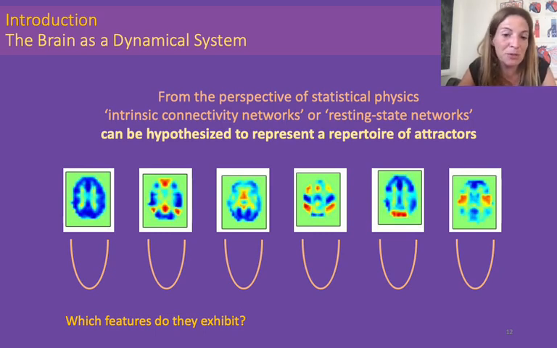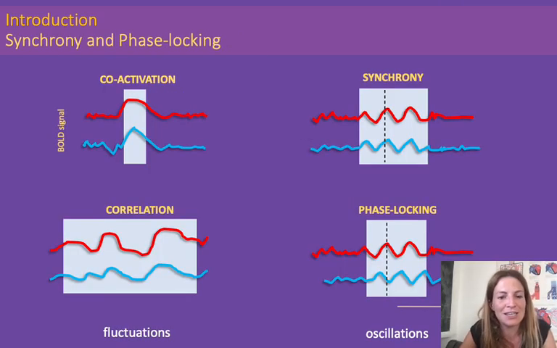So from the perspective of statistical physics, these intrinsic connectivity networks, or resting state networks that have been reported in the literature, can be hypothesized to represent a repertoire of attractors. Right? But which features do they exhibit? How far can we go into the characterization of these patterns? So here I'd like to make a small parenthesis to interpret the temporal signature of the activation of these patterns.